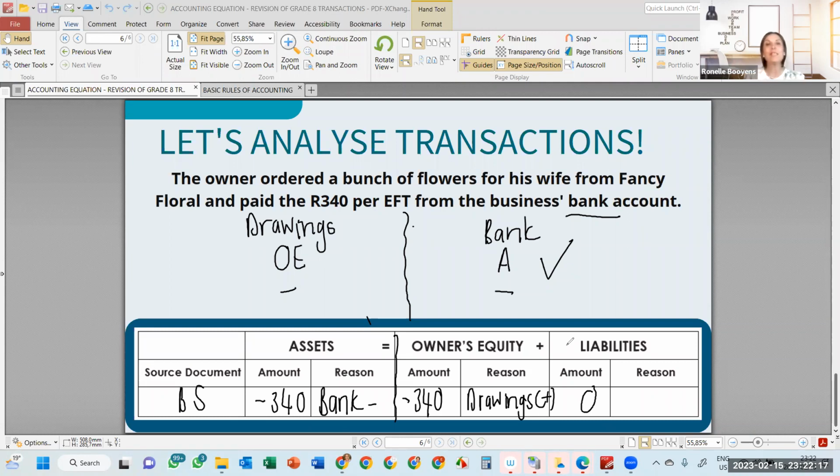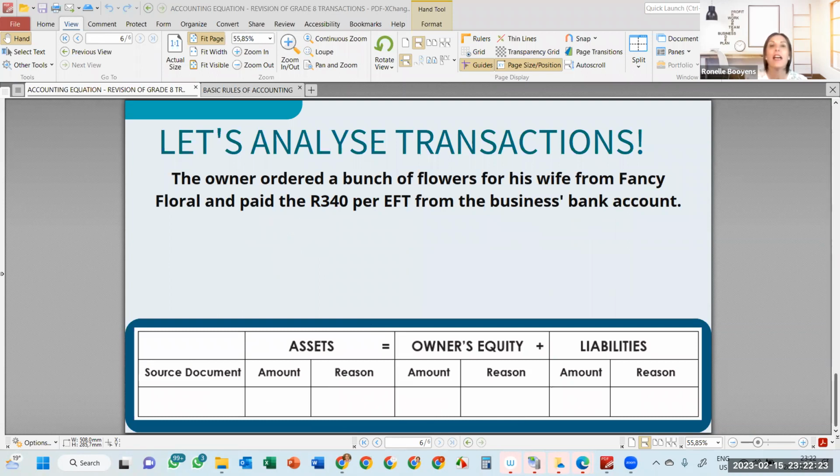So everyone, this brings us to the end of this discussion and video recording. I sincerely hope that this helped you in order to analyze transactions on the accounting equation. Please remember to keep on asking yourself those questions. We've done 5 different transactions.